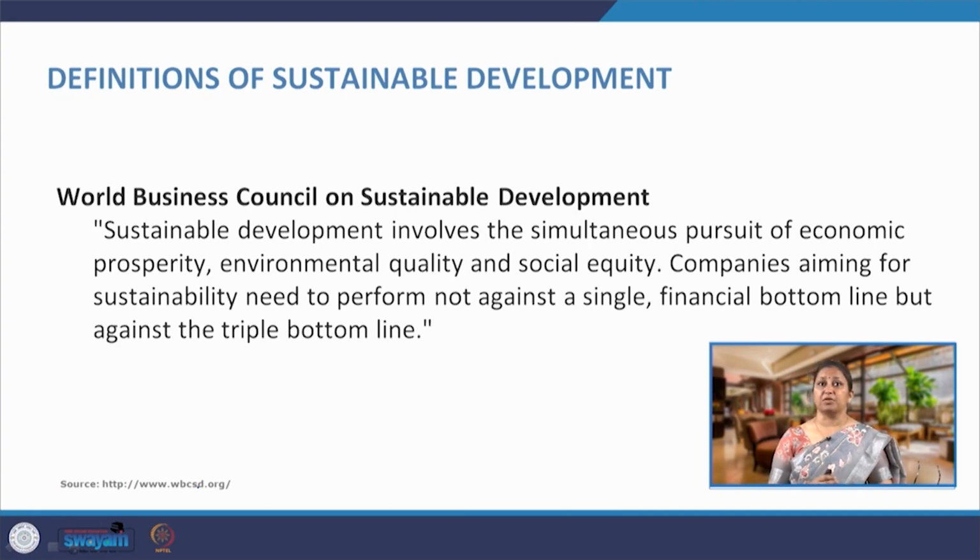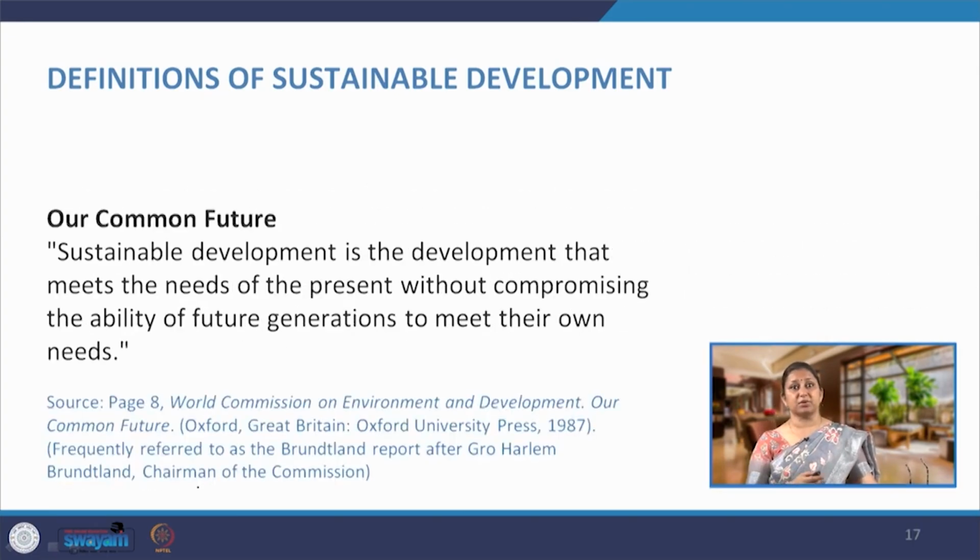Companies aiming for sustainability need to perform not against a single financial bottom line, but against the triple bottom line. The triple bottom line here, what we've been talking about, is environment, economy and people, society. So all these three have to be kept in mind while aiming for sustainability.